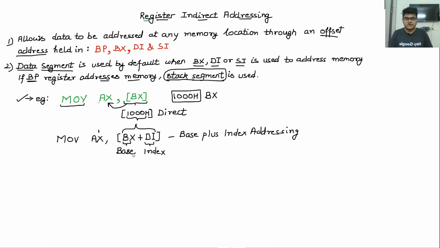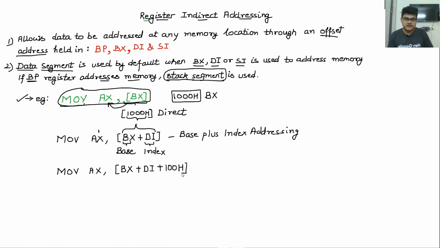The earlier instruction is the register indirect addressing. Now I'm going to modify the instruction again: MOV AX comma, BX plus DI, and let's say I want to add a displacement here.